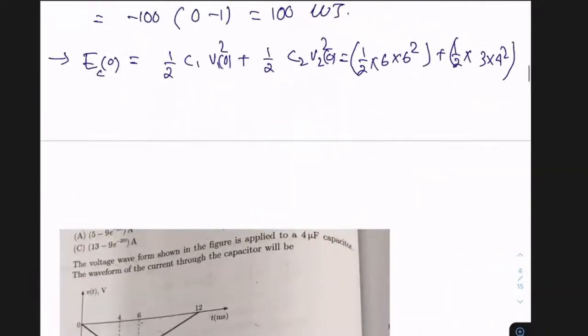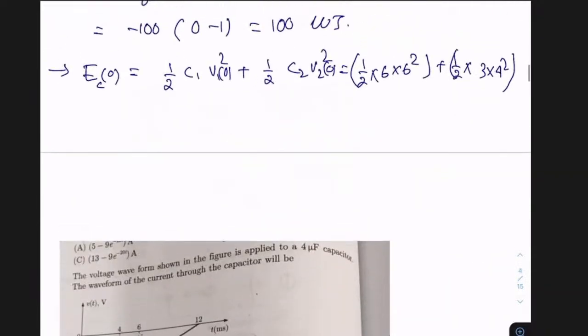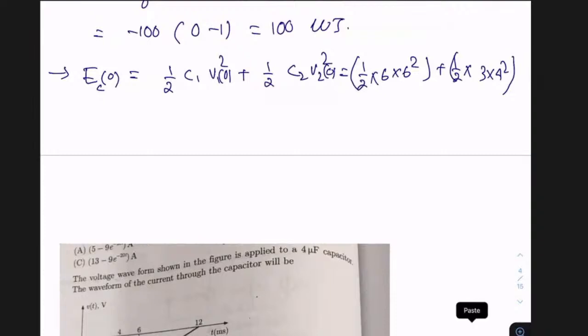If you observe, what you are going to get is 36 by 2, that is, 3 into 36 is 108, plus 24. This comes to 132 microjoule.